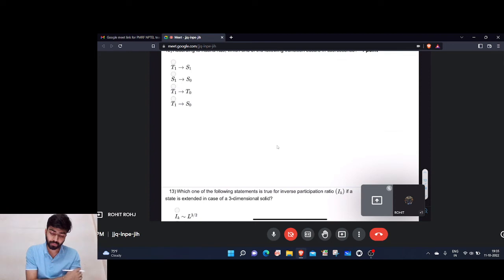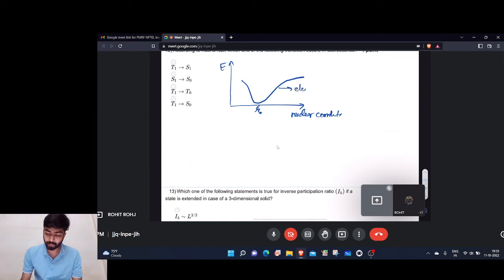Now the next question, which is according to Kasha's rule. Kasha's rule is nothing but the fundamental process that occurs in a system. That is, if we have multiple excited states in a system, let's say I draw the configurational coordinate where E is energy and this is the nuclear coordinate. Let's say this is the ground state energy of the system, and this is the equilibrium distance, let me call it R0, and this is the first electronic surface or electronic state.